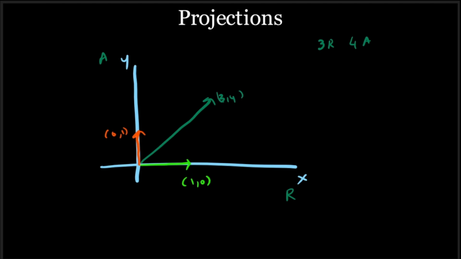What this 3, 4 represents is that this particular vector is 3 units of magnitude in the x direction and is 4 units of magnitude, draw perpendicular to this, and is 4 units of magnitude in the y direction.